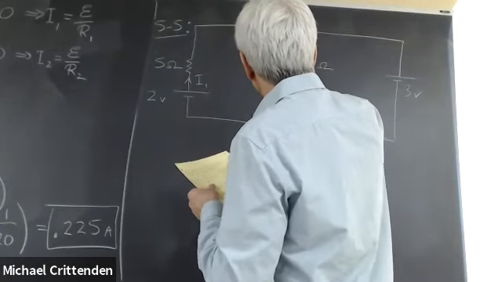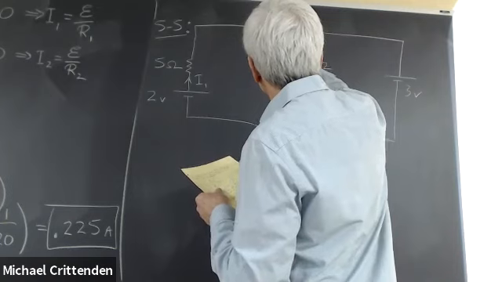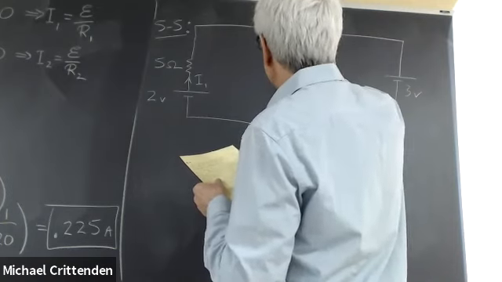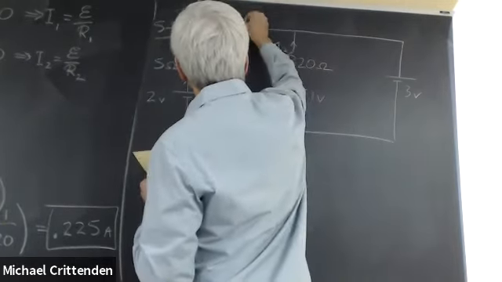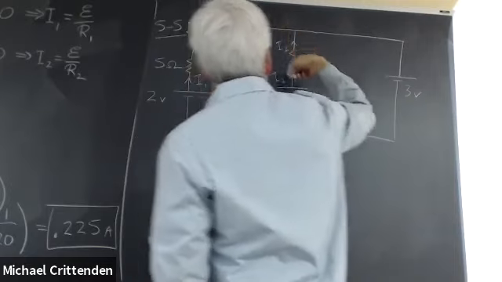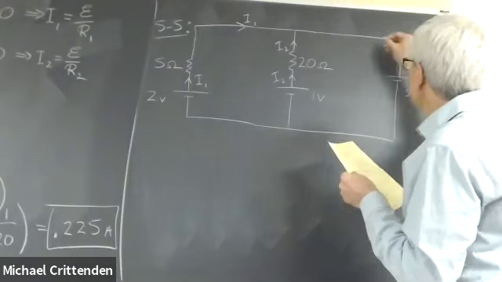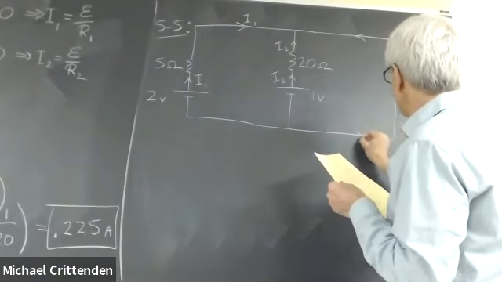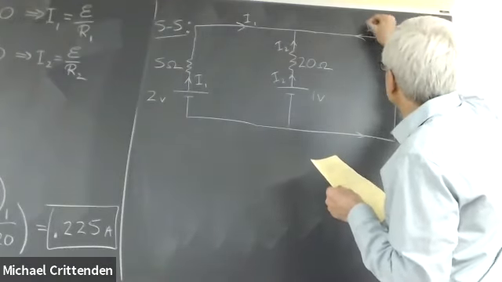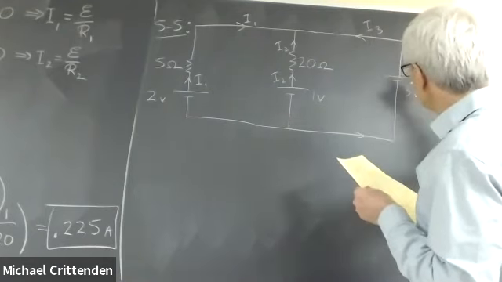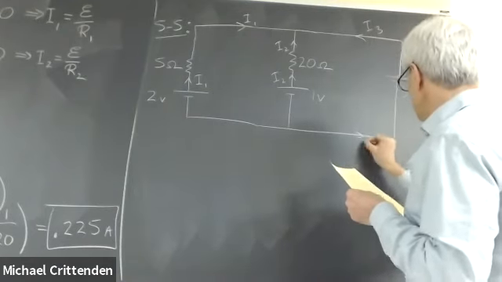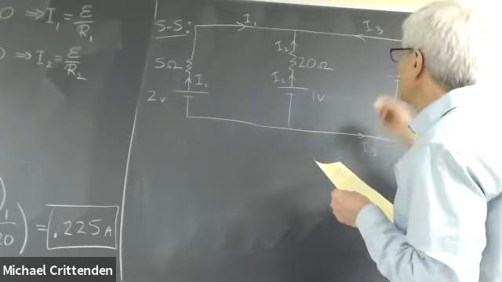So I'll have I2 coming out of the positive side of that one. And again, current flows from plus to minus. So I'll show the third current coming out of positive and going into negative on that one.